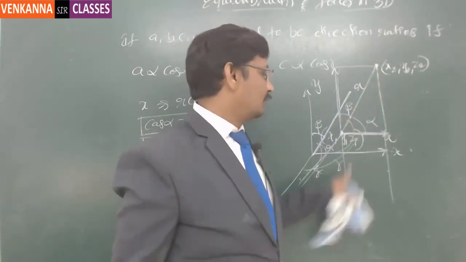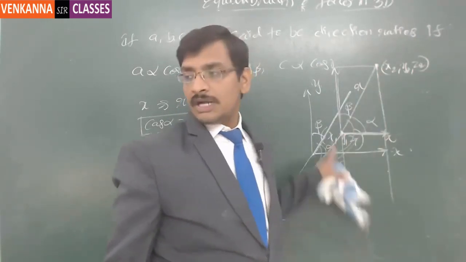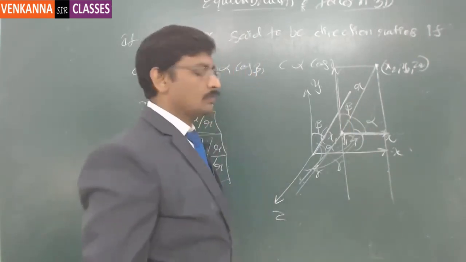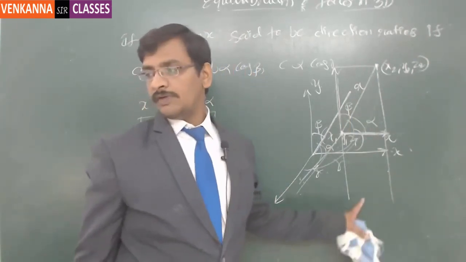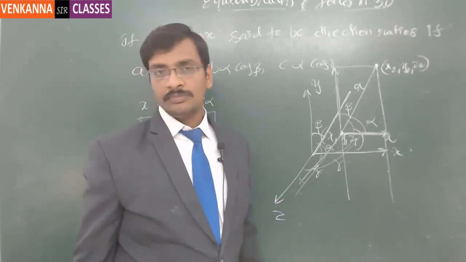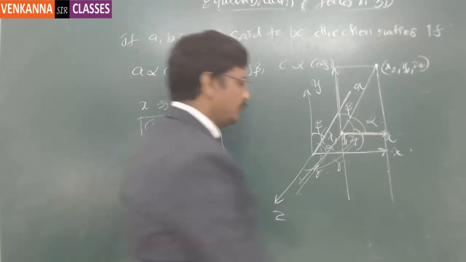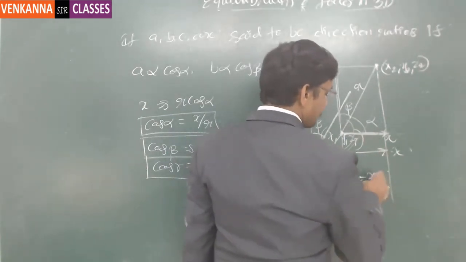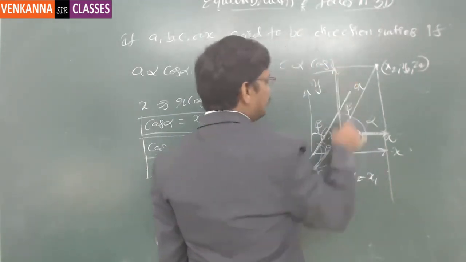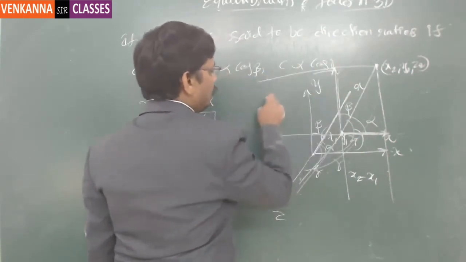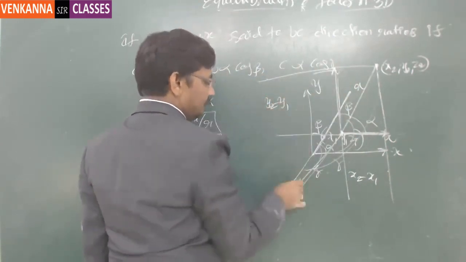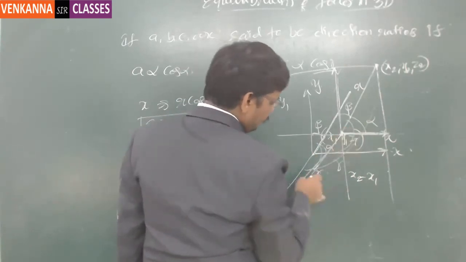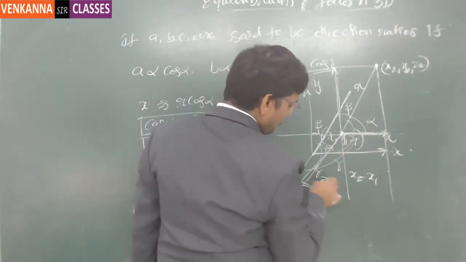What is the length between the starting point and ending point on the x-axis? So this is x2 minus x1. Similarly, this height is y2 minus y1, and this length is z2 minus z1.